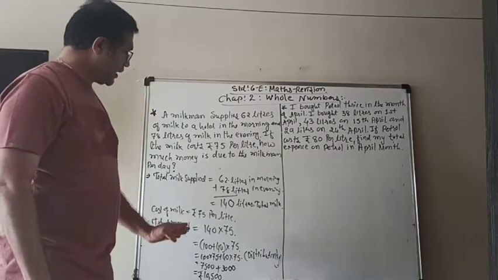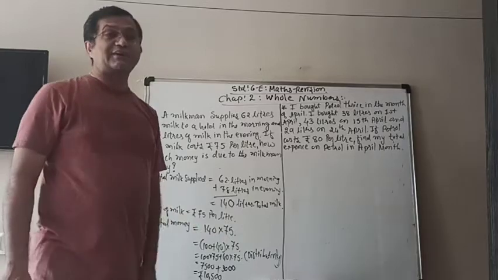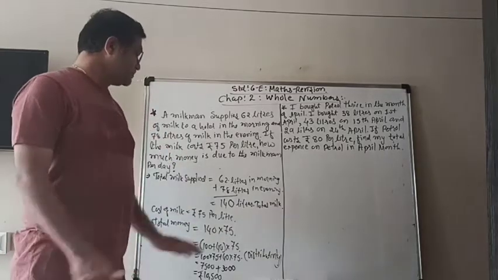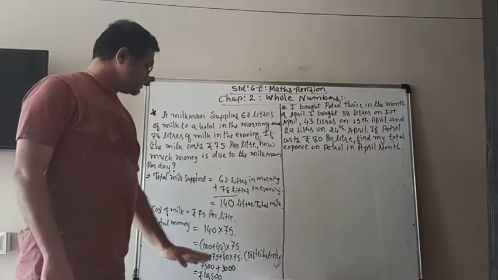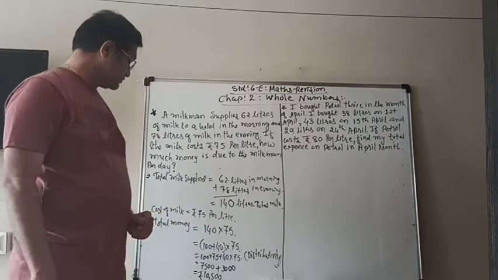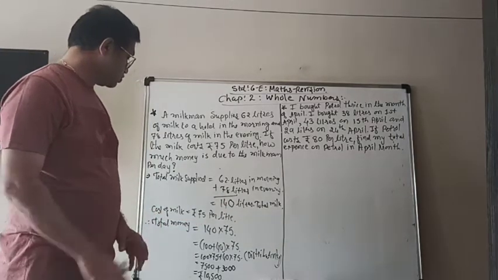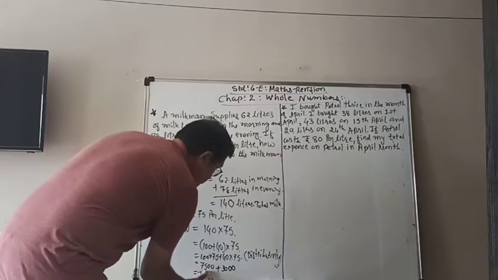So we get 100 plus 40 multiplied by 75, and then we use the distributive property. So it is easier for us to write down the total.